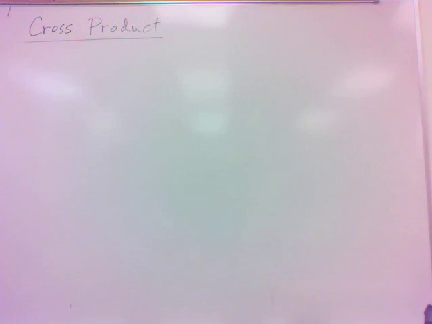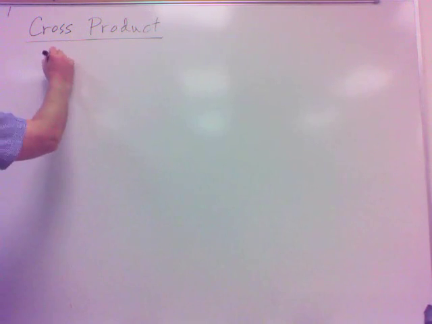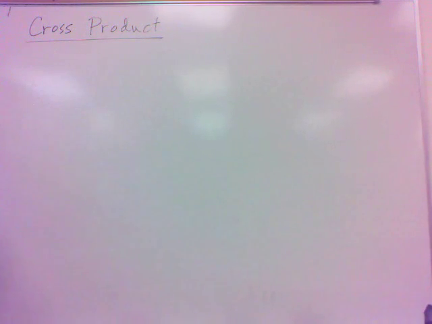All right, let's also mention here the idea of a cross product. Our dot product was a scalar. Well, it turns out the cross product of two vectors is going to be another vector. What we want to do is cross two vectors together and get an orthogonal vector to both.